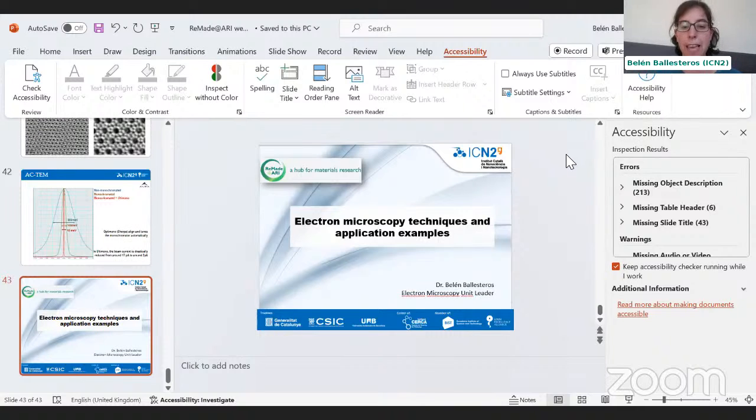Okay, so in EDX, what you are detecting are the X-rays that come out of your sample after the electrons interact with it. There are transitions of electrons within the atoms, and when they relax, they eject an X-ray, and this is what you are detecting.